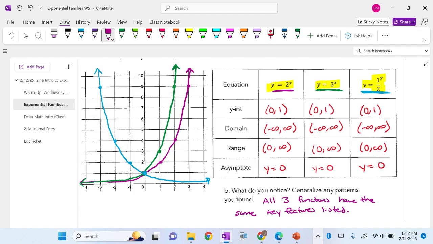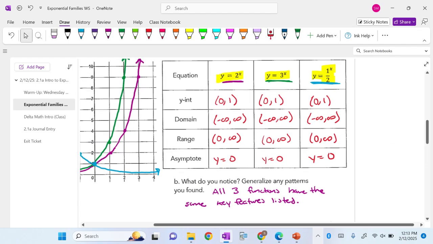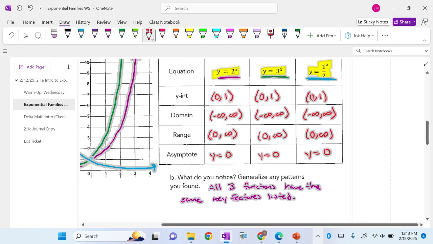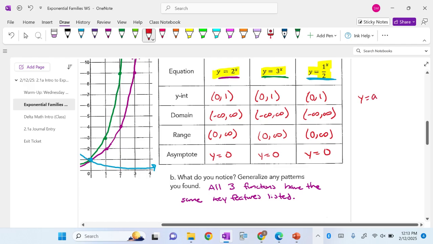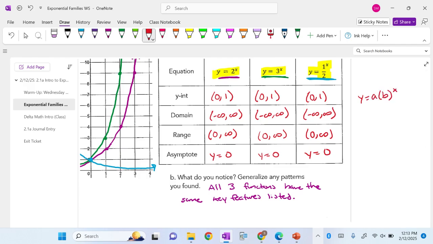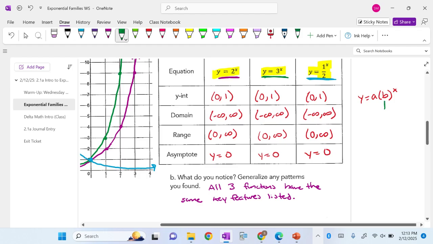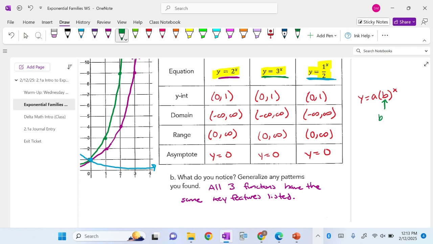That's an actual rule. So the form that you're used to from Math 1 is y equals a times b to the x power. I'll tell you what a means in a little bit, but b in this case, because these are all b values, is your base.